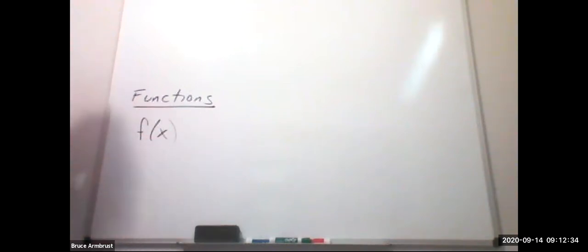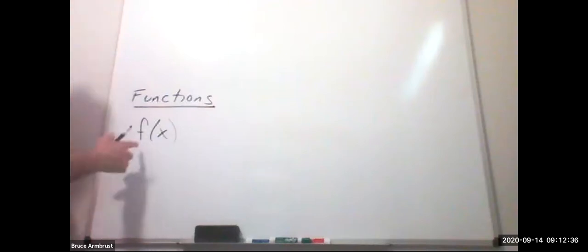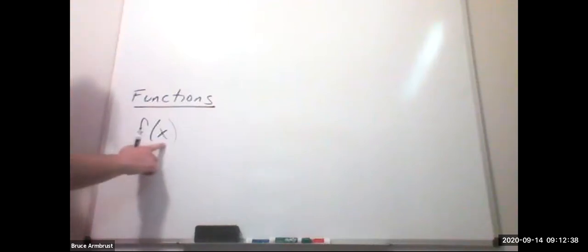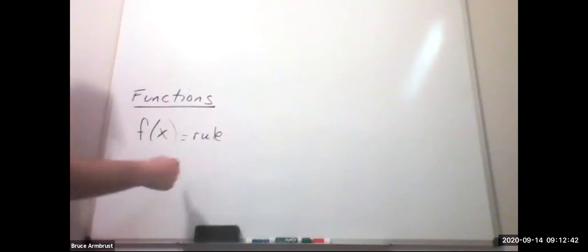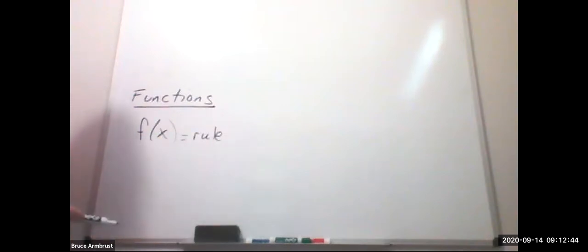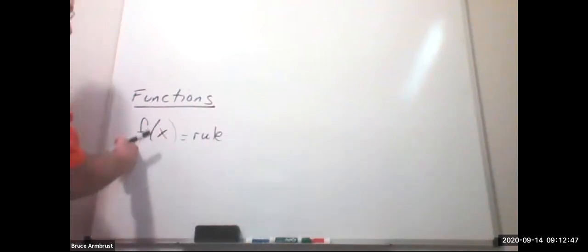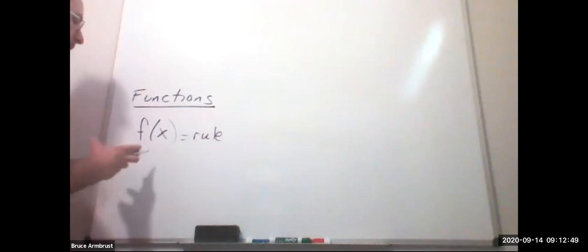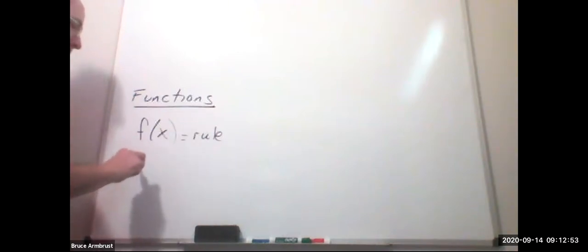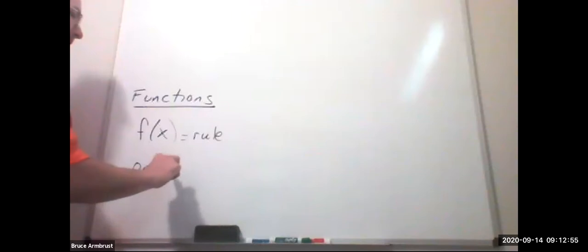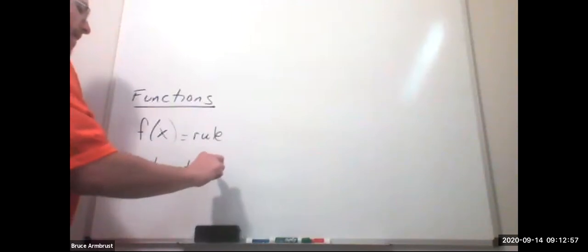Right, so we got f of x. So f is the name of the function. x is what we're putting in. And then there's usually some kind of a rule. And what's really important, like Susanna said, is that there is no option for what comes out. Okay, we only get one thing.